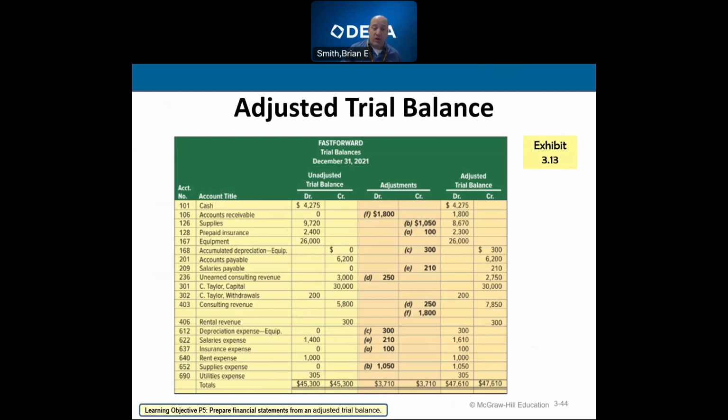So keep that in mind. We had our unadjusted trial balance here. We have our adjustments that we made just now, and now we have our adjusted trial balance. We're going to make the statements the same way. We just have these new amounts. We're going to start off with our expenses, which are always listed last in the 600 section. Then our revenues, which is our 400. So revenues minus expenses, that's our income statement.